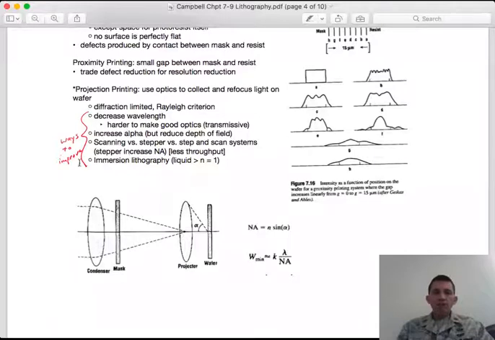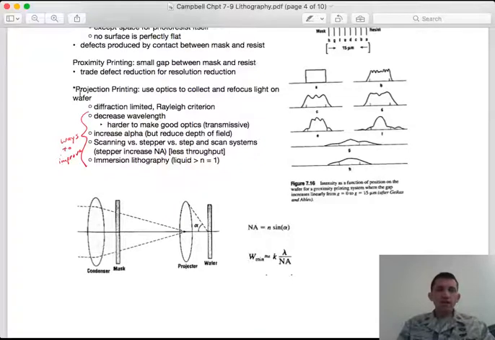When you have an optical system, you're going to be diffraction limited. If you recall, those of you who were in 680, we talked about the Rayleigh criterion and diffraction limitations when we were talking about optical microscopy, and why that drove the development of scanning electron microscopes, because you can decrease the wavelength and increase the resolution as you push out that diffraction limit at lower wavelengths.